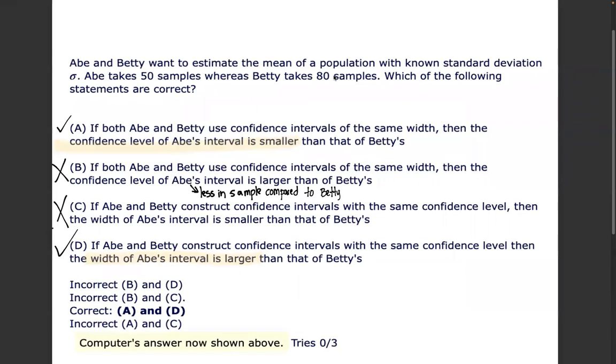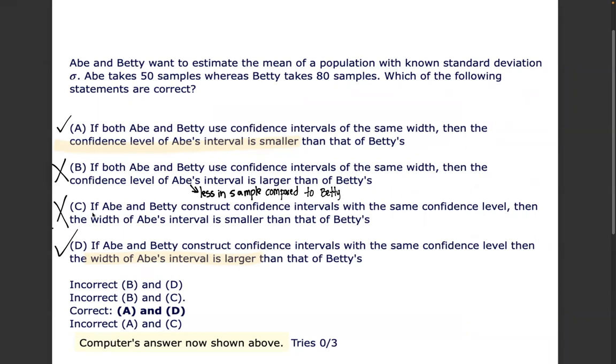Okay. Abe and Betty want to estimate the mean of a population with known standard deviation, sigma. Abe takes 50 samples, whereas Betty takes 80 samples. Which of the following statements are correct? So we want to keep in mind that Abe took less samples than Betty.